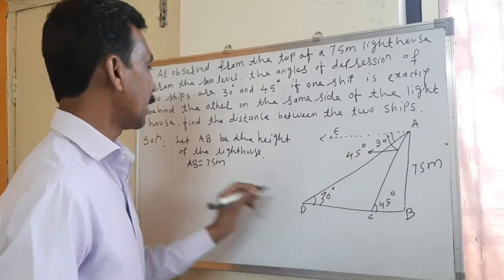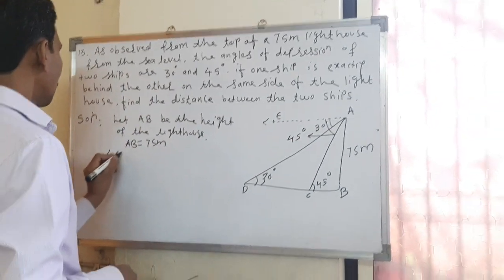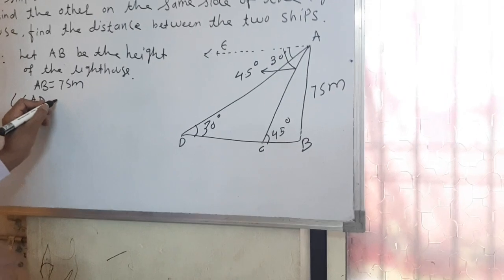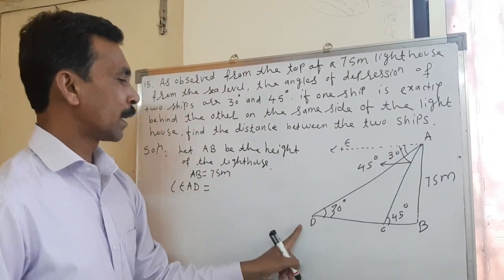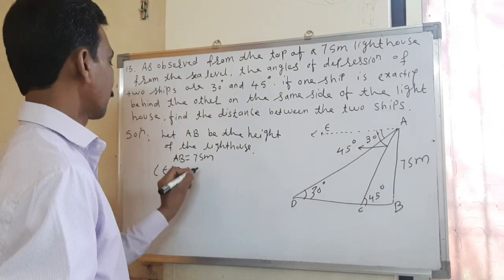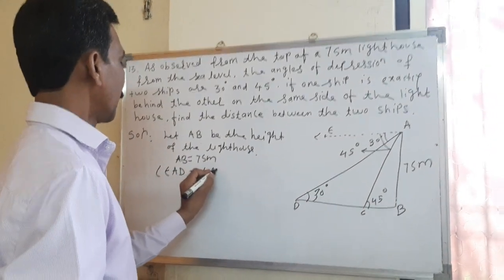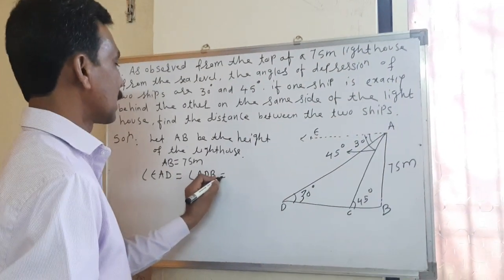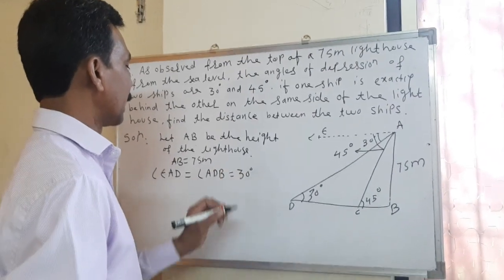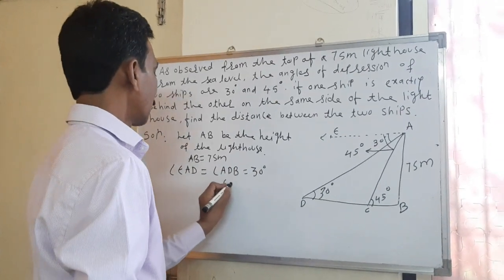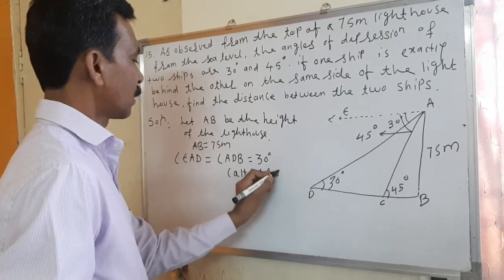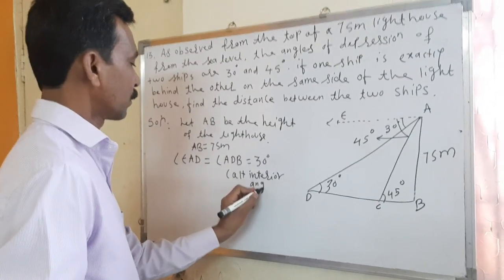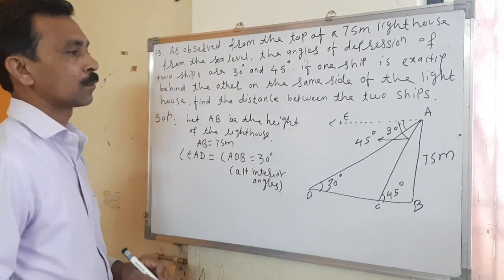Angle EAD is equal to angle ADB, which is equal to 30 degrees. Reason: alternate interior angles.